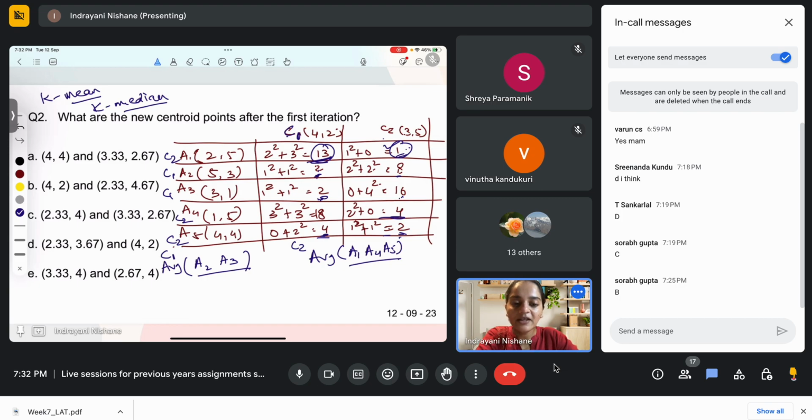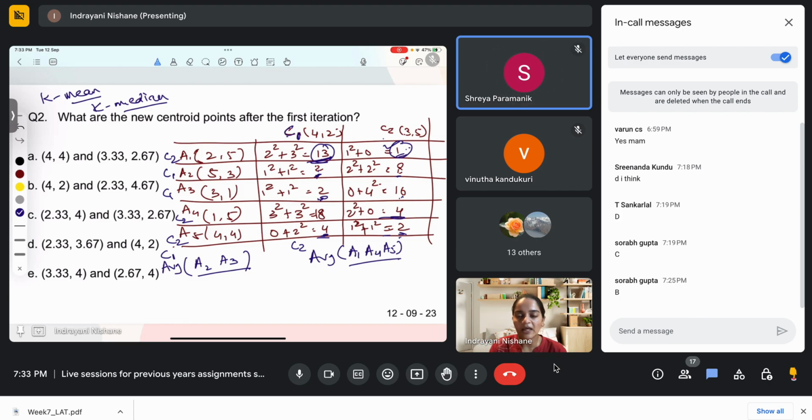That's why we calculate the centroid as the average of all the data points which belong to that particular cluster. Ma'am, can we choose the average of A1, A2, A3, and another one as the average of A4, A5? Yeah, that's possible.